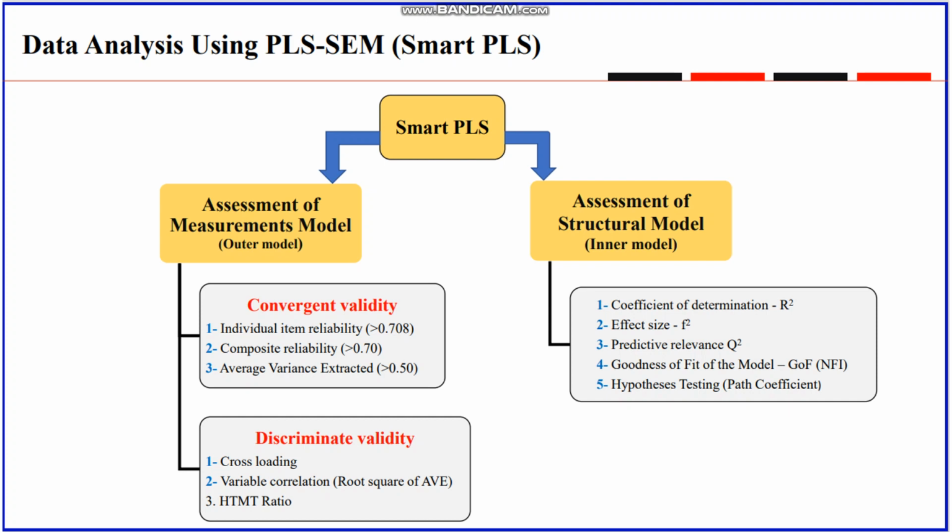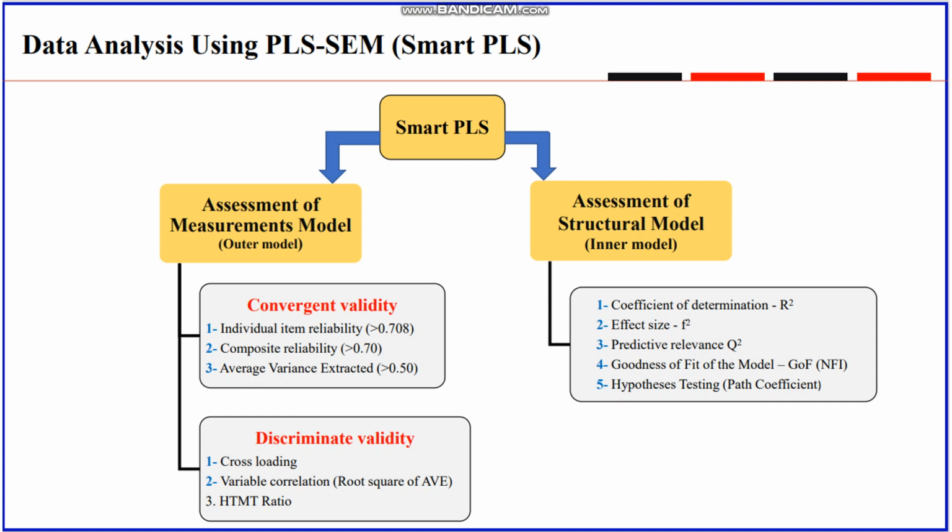And finally, the fifth criterion is hypothesis testing, which can be done through the bootstrapping method, and we can find three important statistics: the path coefficient, the t statistics, and whether this path coefficient and t statistics are significant or not. For that we ascertain the p value.